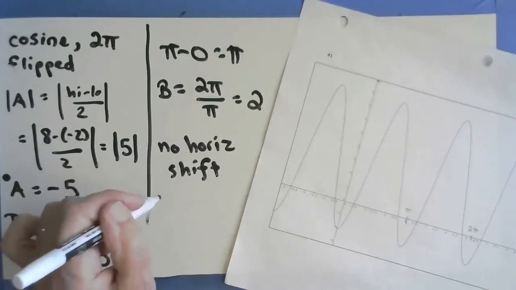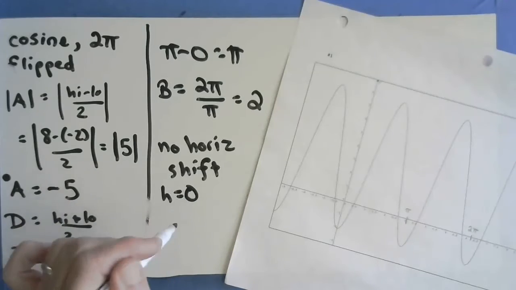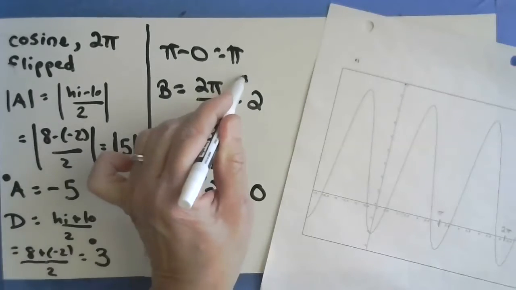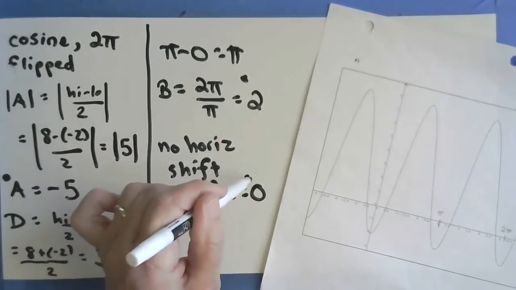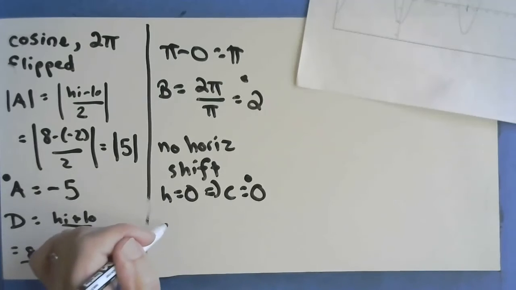Okay, so I have no horizontal shift, so that means that H is equal to 0, and that means that C is equal to 0. So I have my A, I have my D, my B, and my C. Now it's time to move to step 7, which is to write the function.